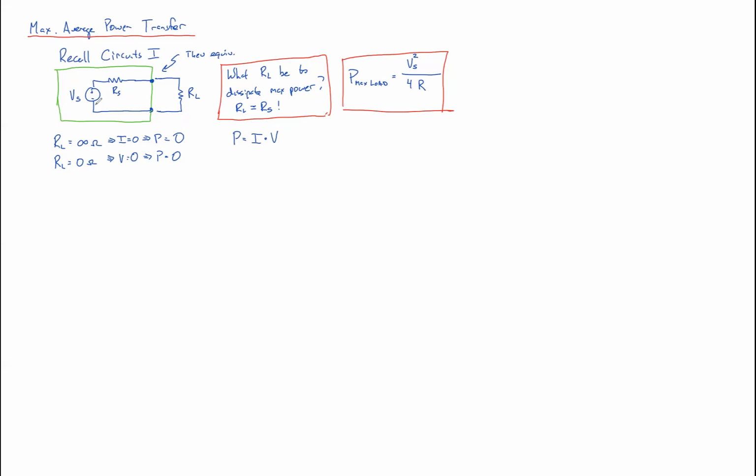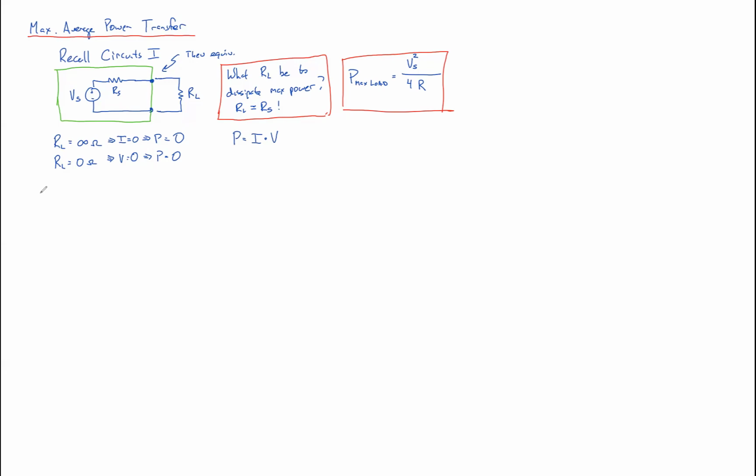But we're in the mode of being a circuit designer here. We're trying to figure out, given this battery, what should our load be to dissipate the maximum amount of power? And if this was a AA battery that had an R sub S of 1 ohm, we would want our load to look like a 1 ohm load. Anything else will make it dissipate a non-maximum amount of power.